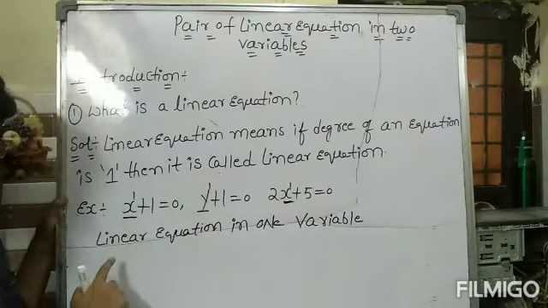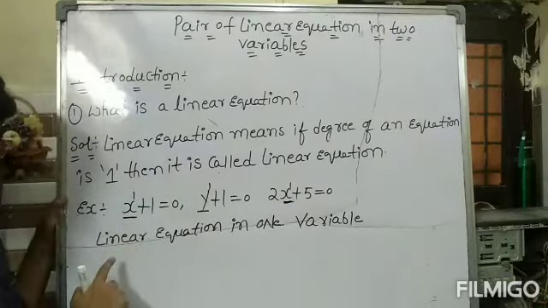How are they represented? a1x plus b1y plus c1 is equal to 0, and a2x plus b2y plus c2 is equal to 0. These two equations are written like this, and each equation is compared with its general form.